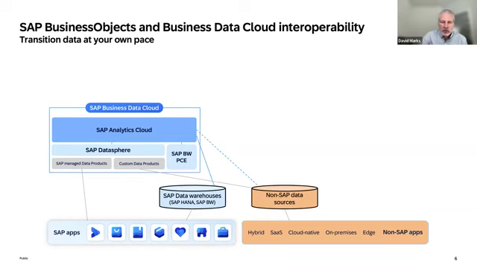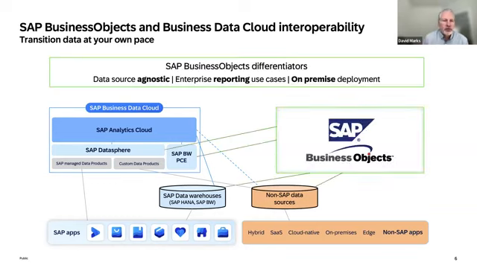Business Objects does fully support the data sources here. So with Business Objects, we can interact with SAP DataSphere, the models that are created there, anything. Of course, it supports SAP Business Warehouse, and all of this is still supported. It's really a first class citizen for Business Objects.